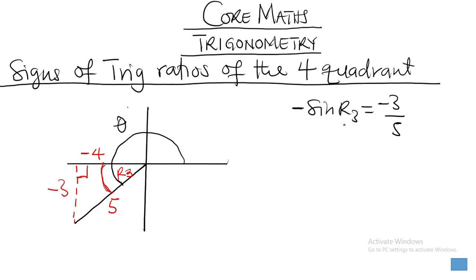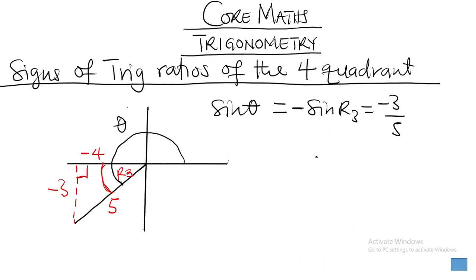So we have negative sine R3, and this is the same as sine of theta. So in the third quadrant, sine theta is the same as the negative sine of its reference angle. In other words, in the third quadrant, sine is negative. I hope you are following.